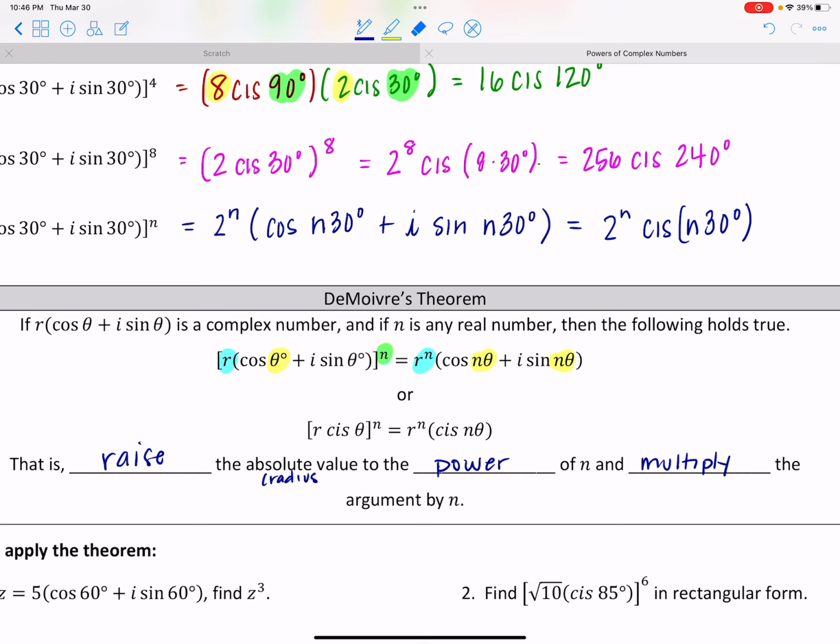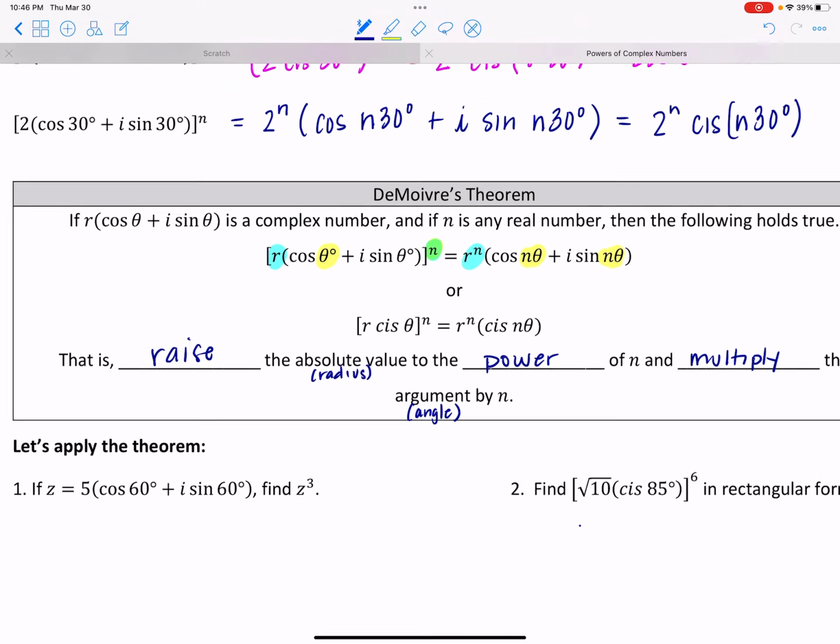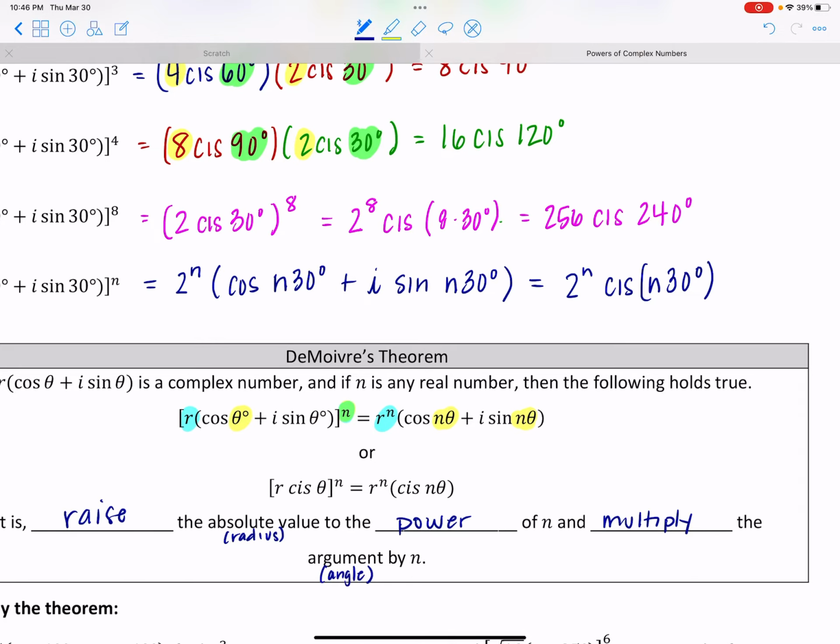And the argument, remember, represents the angle. So you're going to raise your absolute value, your radius, to the power, and multiply your argument, your angle, by that power. So pretty basic, and hopefully that makes sense also.